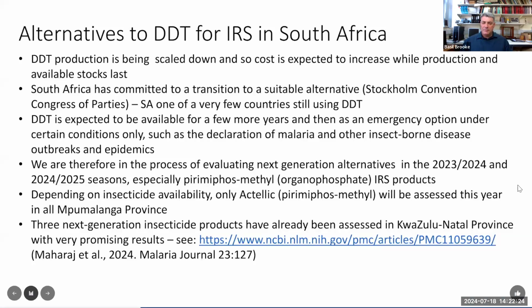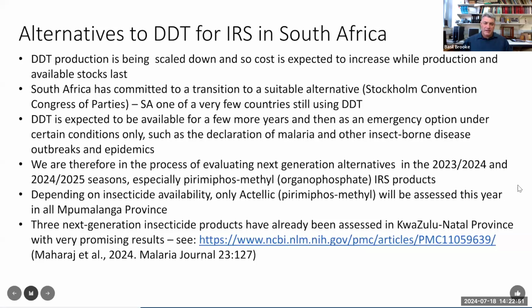But that is actually being forced by the availability of DDT, and it seems that production may stop much sooner than we thought. We have quite recent information suggesting that we will really not be able to use DDT much longer at all. So we have committed to transition to a suitable alternative, given that we are one of the few countries that still uses DDT in public health.